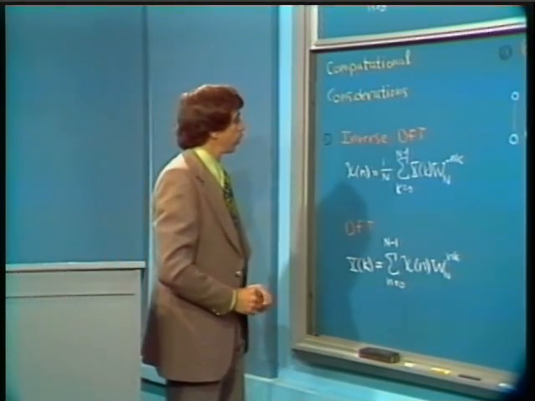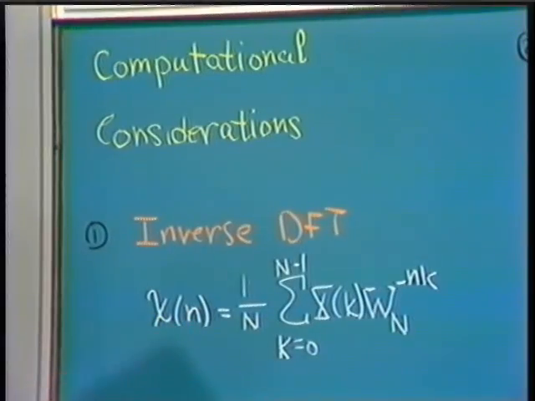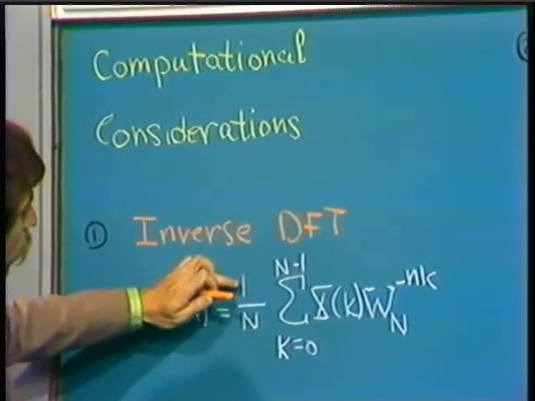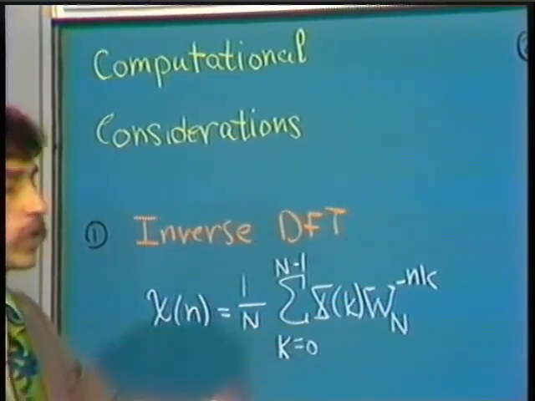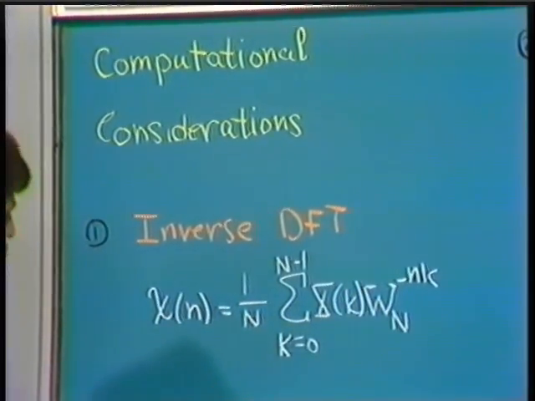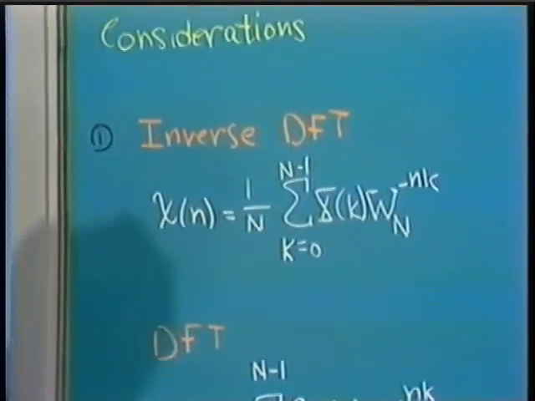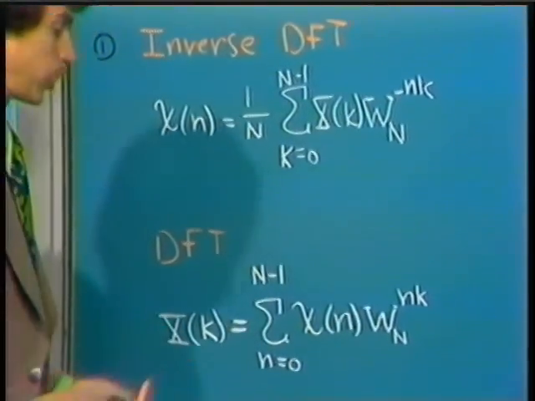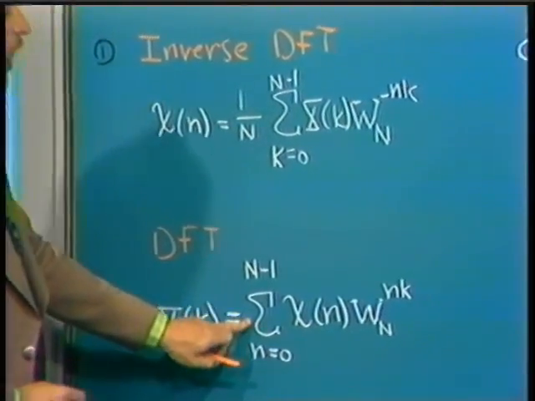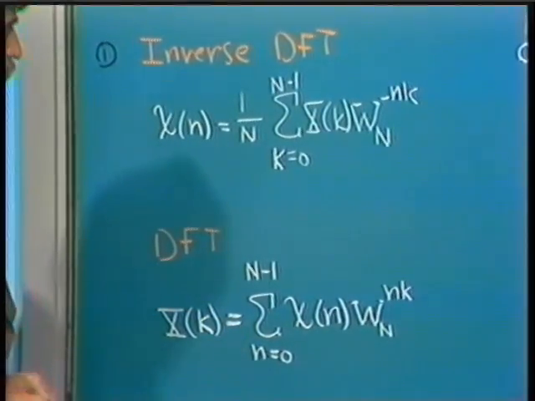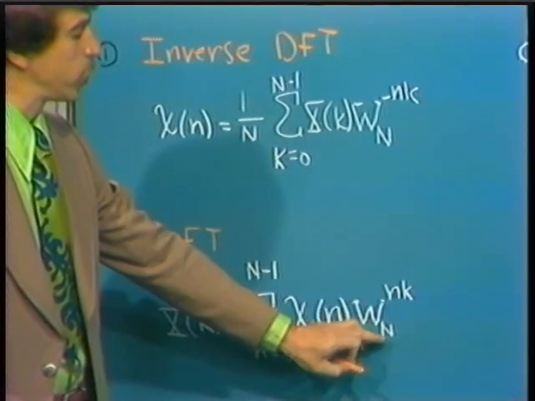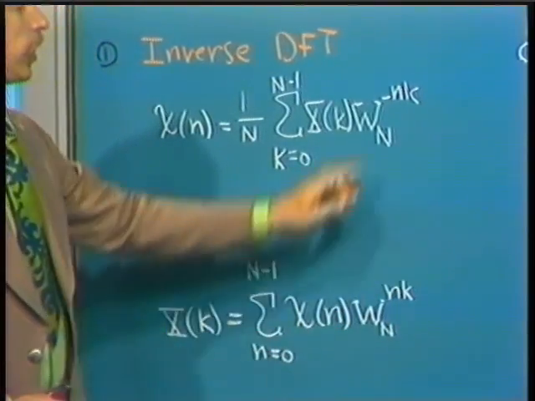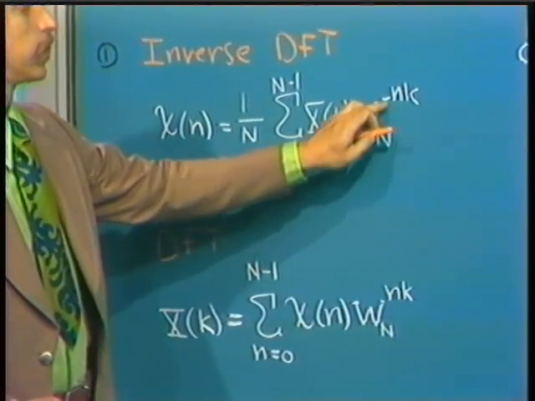In particular, we know that the inverse discrete Fourier transform relationship is given by 1 over N times the sum of x of k W sub N to the minus nk, in contrast to the discrete Fourier transform, the forward transform, which does not have the factor of 1 over N and involves multiplication by W sub N to the plus nk rather than W sub N to the minus nk.